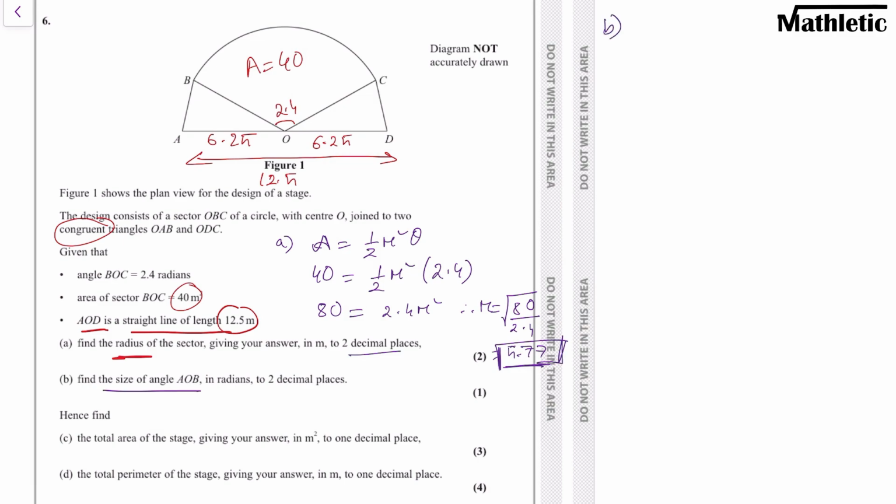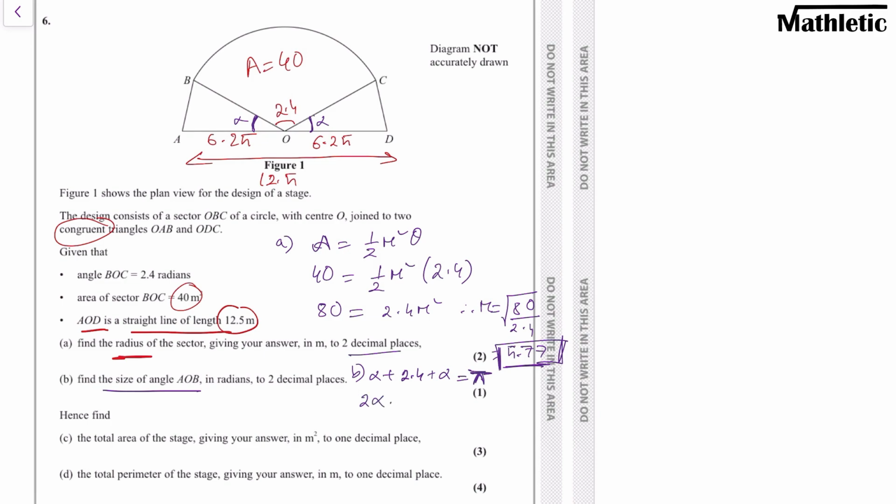For part B, we need to calculate the length of AOB. So if this is alpha, the right side is also alpha, so it's identical, symmetrical. So for part B, the sum of these three angles should be 180, but since it's in radian mode, I need to write alpha plus 2.4 plus alpha equals pi, as in radian mode 180 is pi.